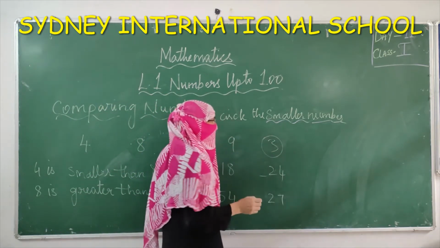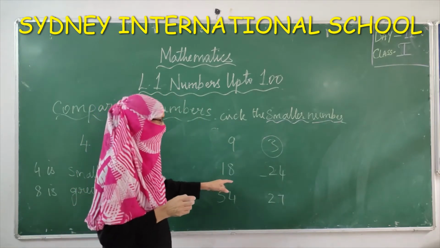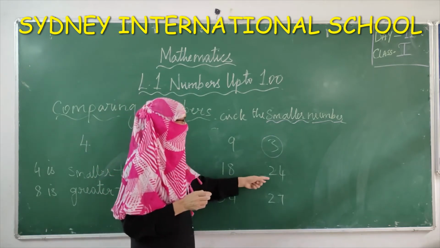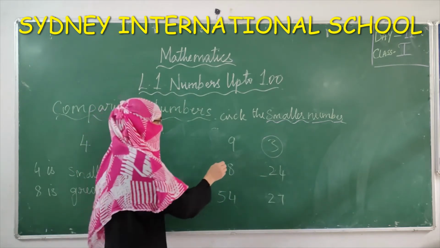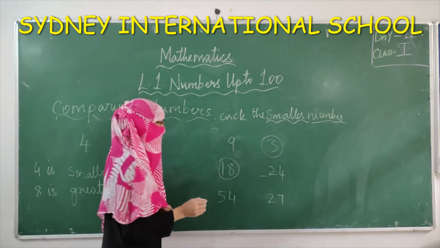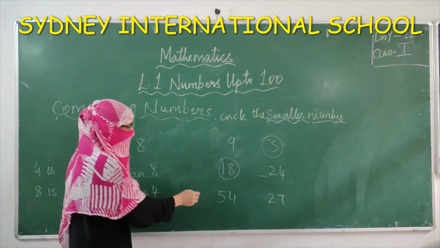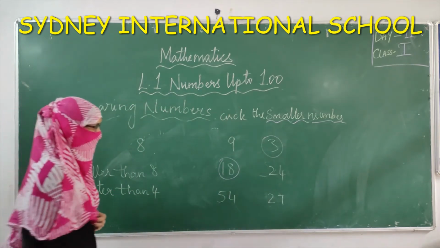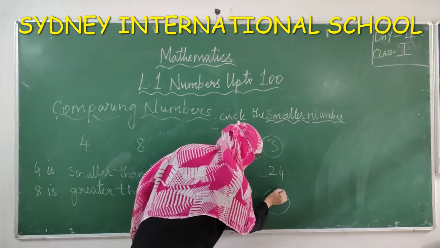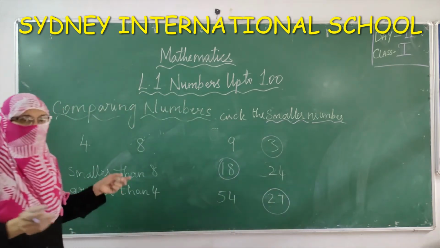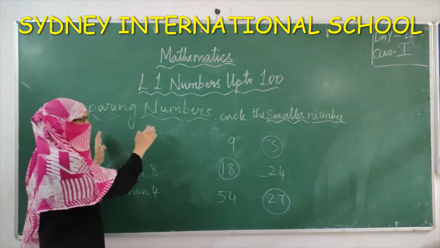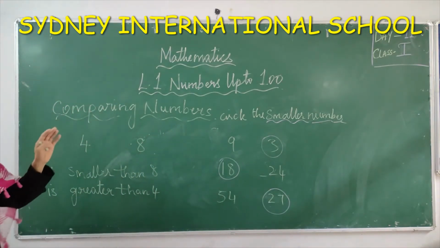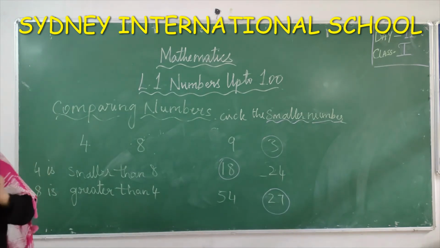So you have to circle the smaller number. Here 18 and 24. Just look which number is smaller. 18 is smaller. So circle 18. Now next 54, 27. Which is smaller? 27 is smaller. So circle the smaller. In this way, I showed you how to compare two numbers, how to differentiate which is more, which is less, and then according to that you have to do your work.